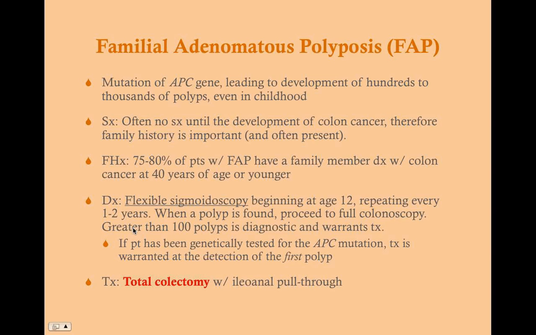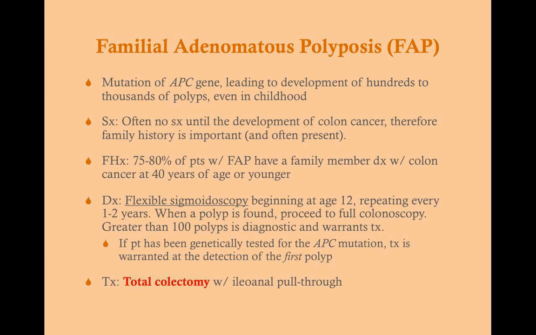And the diagnosis on colonoscopy, if you're going to make a colonoscopic diagnosis for FAP, you have to have greater than 100 polyps. And that's going to warrant treatment. Now, if the patient has been genetically tested for the APC mutation, and usually this will be a child, then treatment will be warranted at detection of the first polyp on flexible sigmoidoscopy.